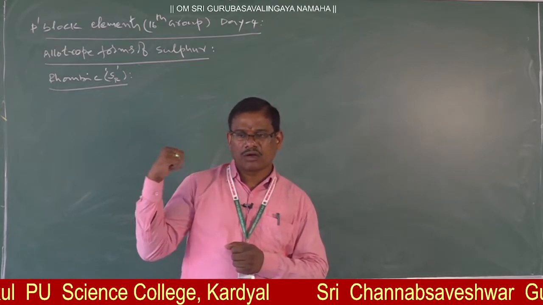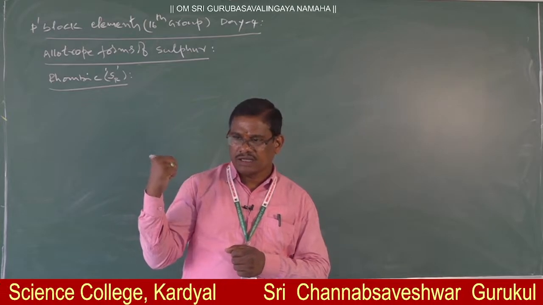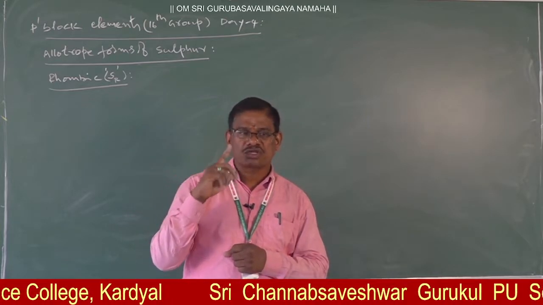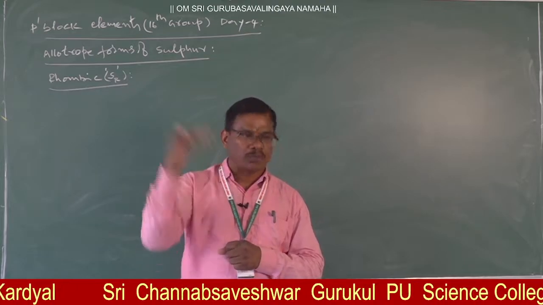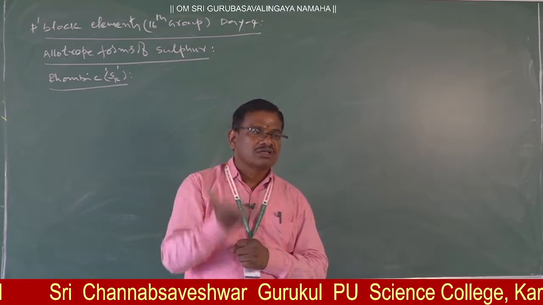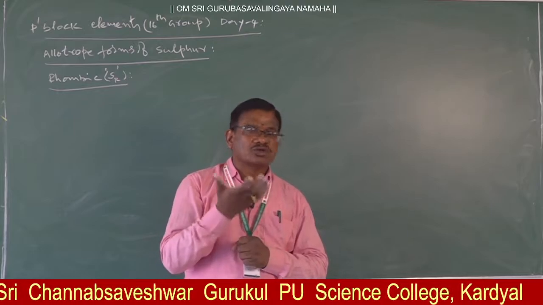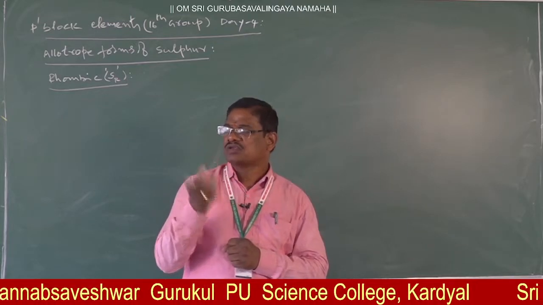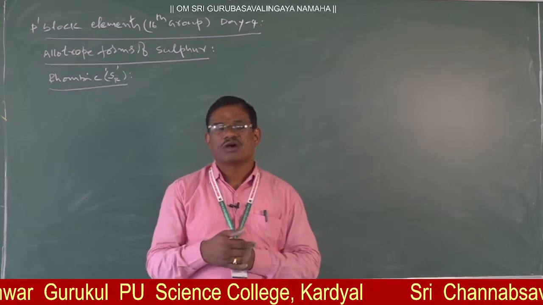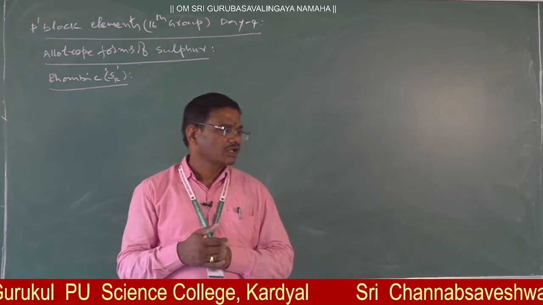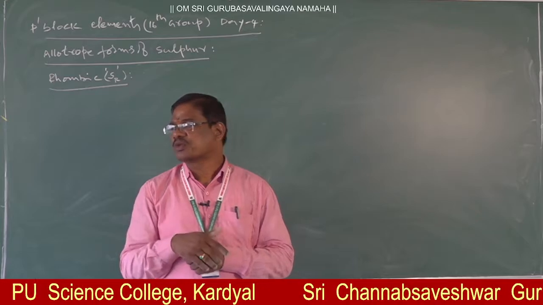That crystalline rhombic sulfur is attained when the solution of roll sulfur in carbon disulfide is evaporated. On evaporation, vapors come up, so the sulfur vapors come up. Those sulfur vapors on cooling crystallize into rhombic sulfur. Clear? In that way rhombic sulfur is prepared.